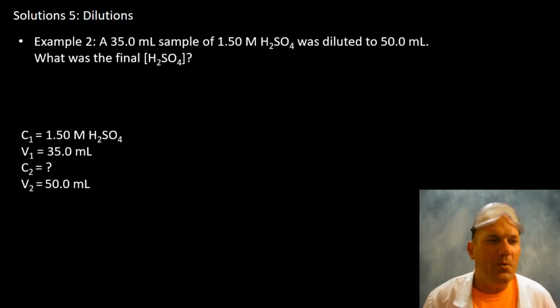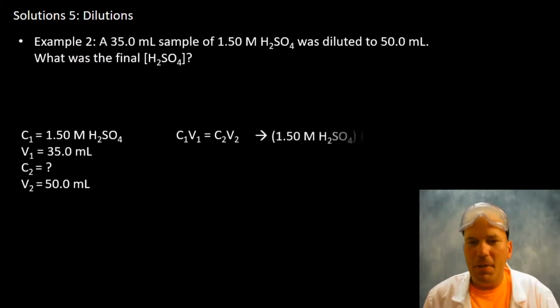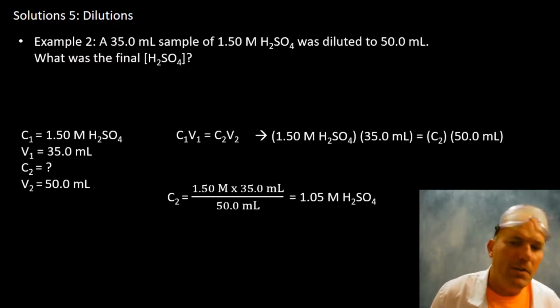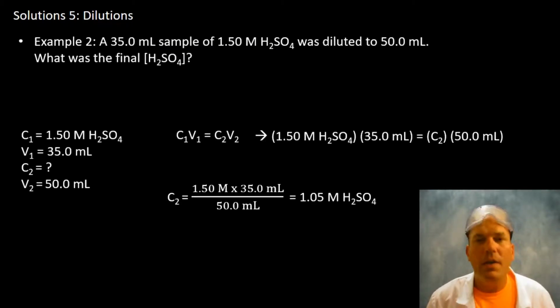Lay out what you know. In this case here, again, we're trying to find the final concentration. C1V1 = C2V2, plugging in all of your numbers, algebraically rearranging this to solve for the final concentration gives a 1.05 molar solution of sulfuric acid.